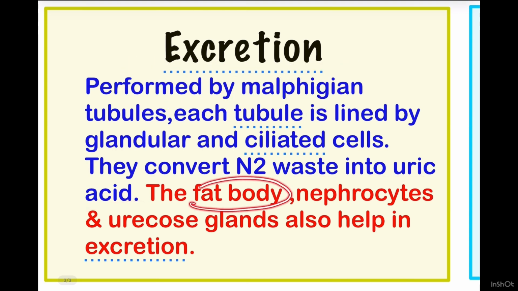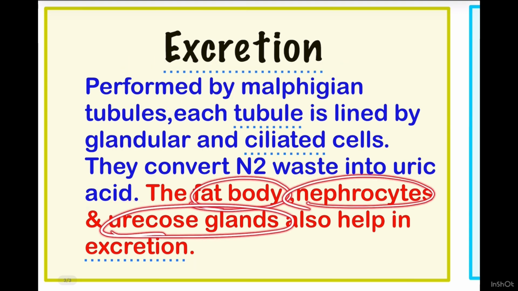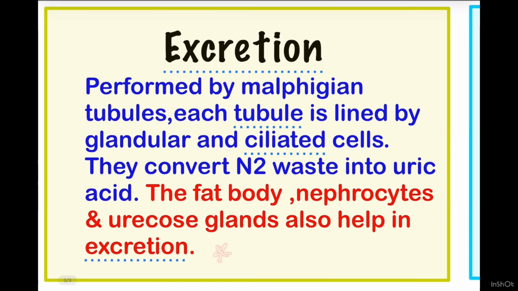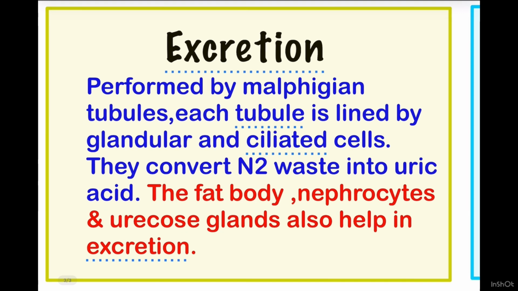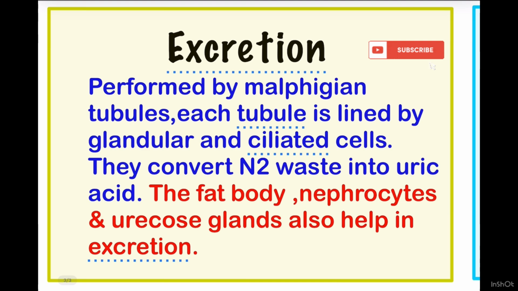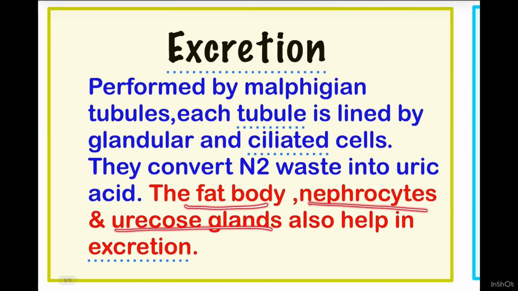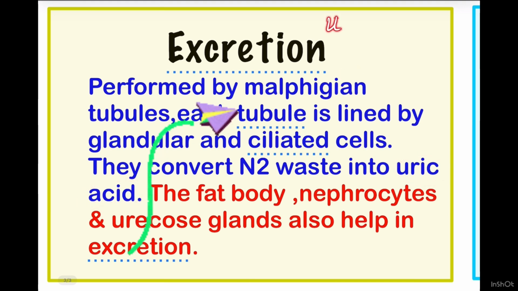The fat bodies, nephrocytes and uricose glands also help in excretion, right? There are no kidneys here because these are invertebrates, so we consider Malpighian tubules the excretory structures. The excretory substance is uric acid, hence these organisms are called uricotelic organisms.